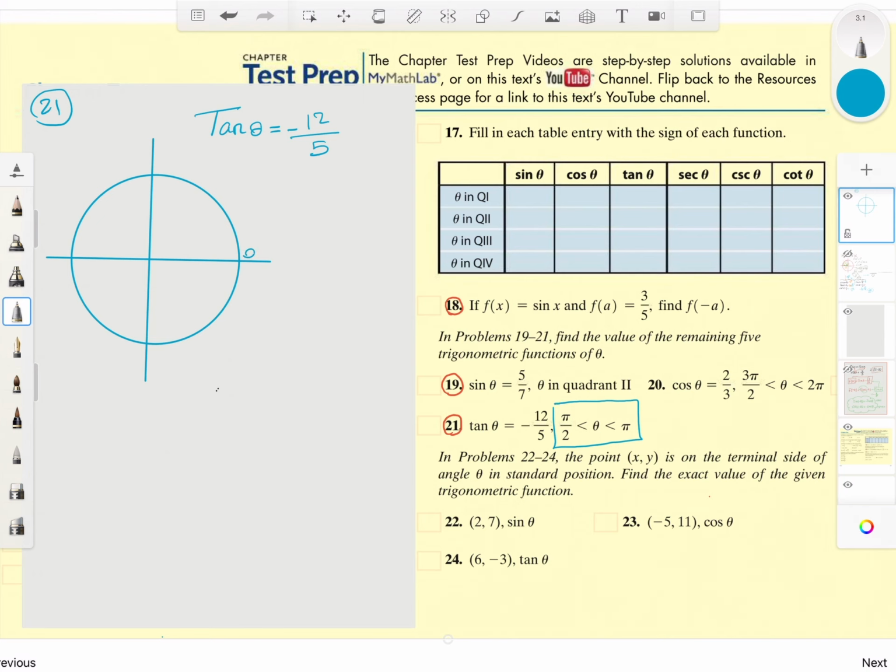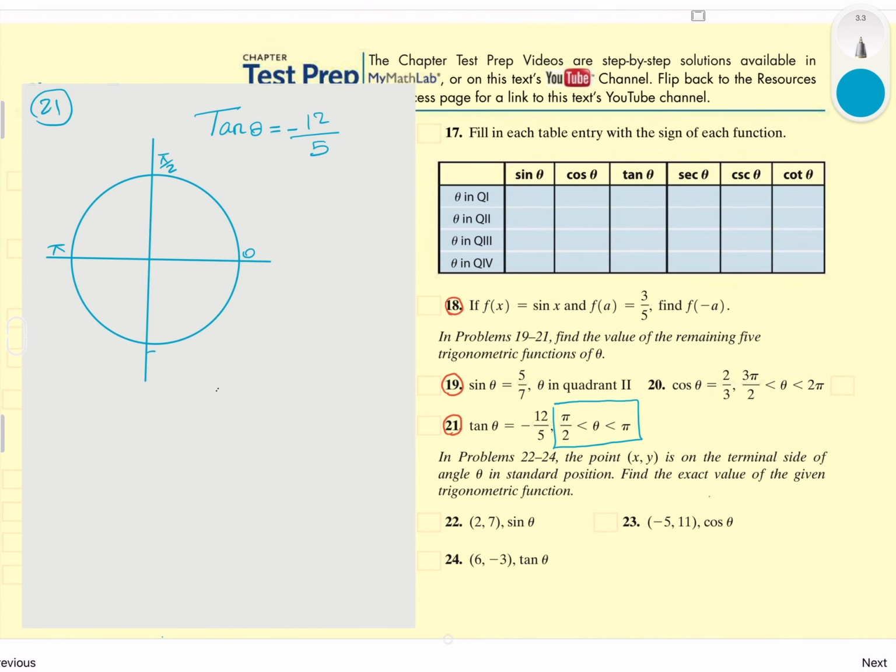So this is 0, that's pi half, this is pi, this is 3 pi half, that's 2 pi. So between pi half and pi, again it's going to be quadrant 2. So this is our theta, but we are dealing with this reference angle.